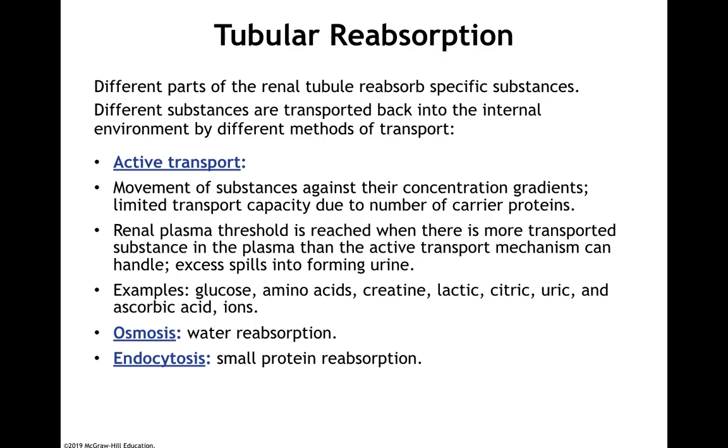The renal plasma threshold is reached when there's more of a transported substance in the plasma than can be actively handled, and then it spills into the urine. And a good example of this is glucose in a diabetic patient. Osmosis is reabsorption of water, and endocytosis is a small protein reabsorption.